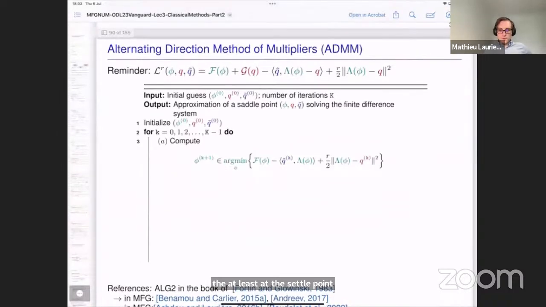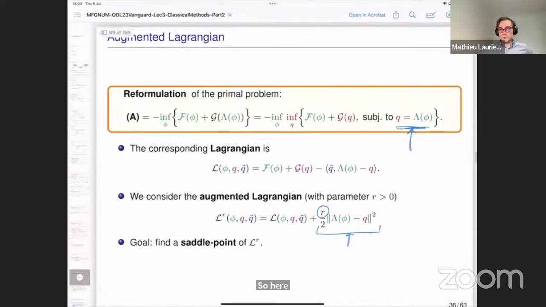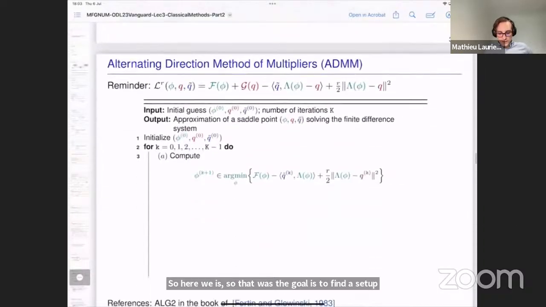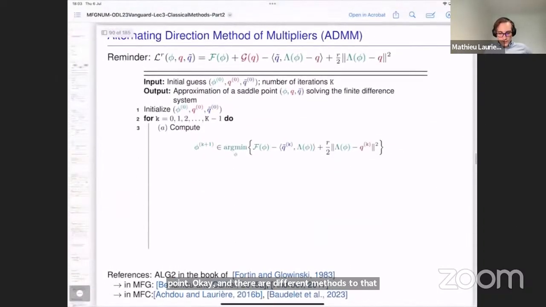So now the goal is to find a saddle point, okay? And there are different methods to do that. Here is one method, which is called the alternating direction method of multipliers. It's discussed, for example, in the book of Fortin and Glowinski, and it has been used in mean-field games by Benamou and Carlier, and also by Andreev.